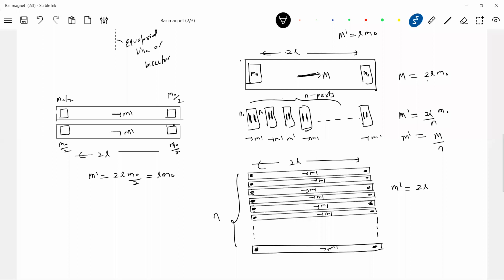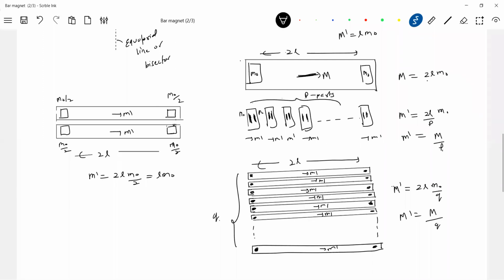M dash should be equal to, magnetic length is 2L, then pole strength got reduced to M naught by N. So M dash equals M by N. We'll change the symbol, it'll be better. Let this be Q parts.